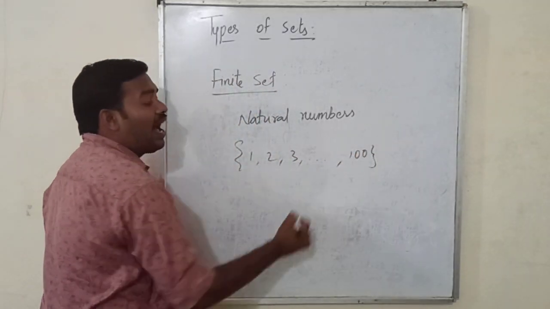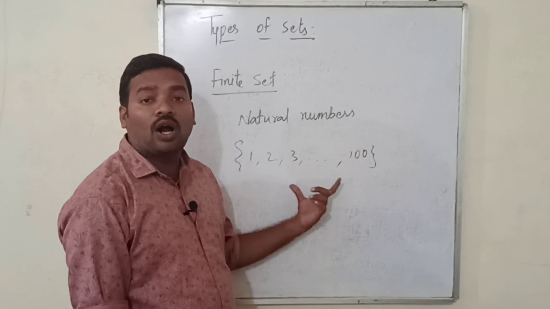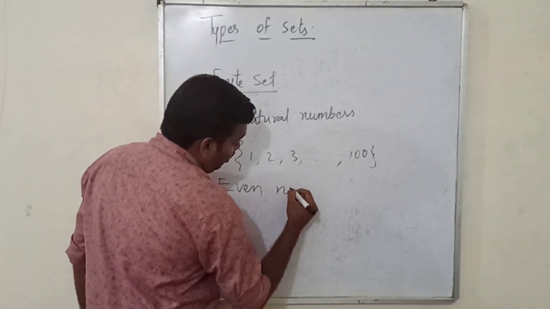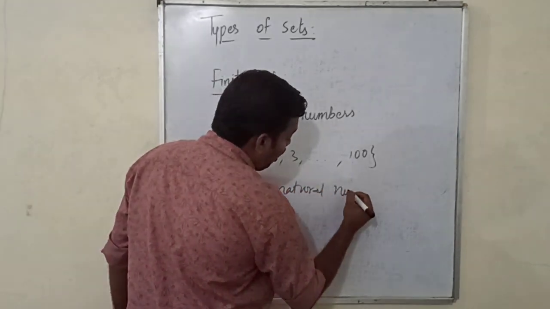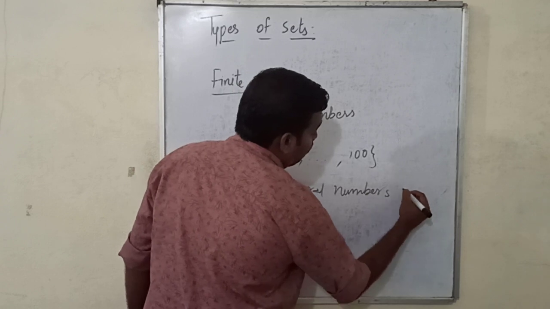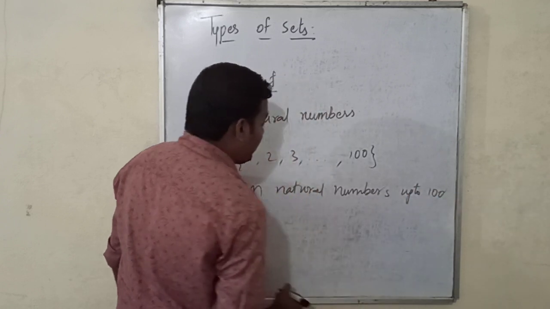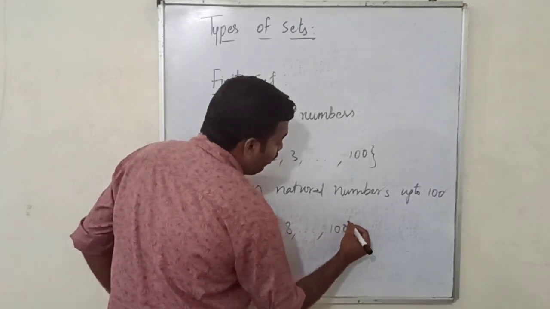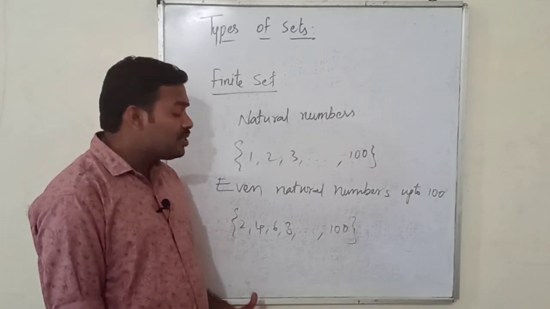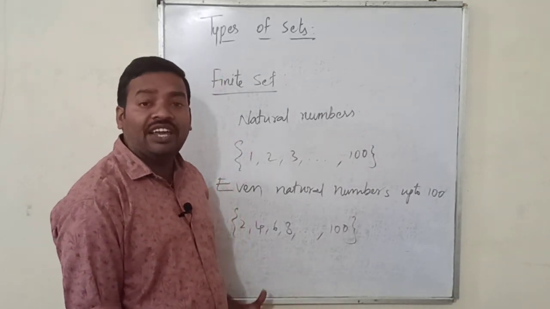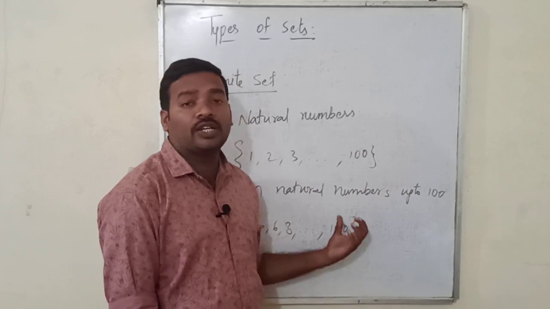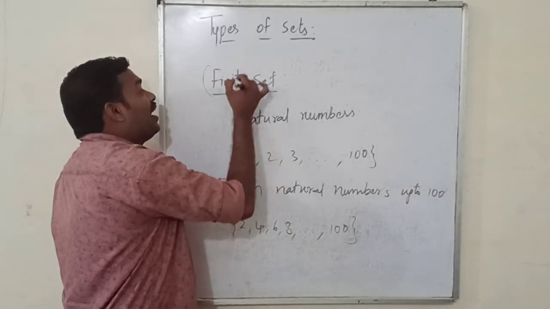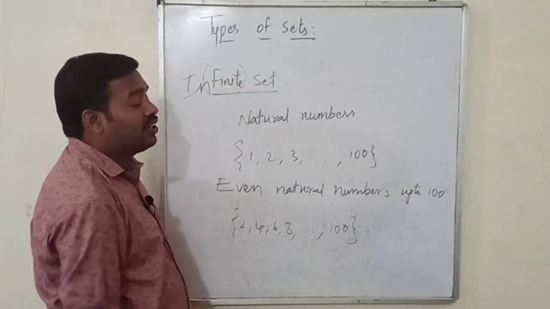In this set we have 100 elements. We can count that. Or else even natural numbers up to 100: that is 2, 4, 6, 8, and so on up to 100. There will be 50 elements in this set. That means we can count the number of elements. If we can count the number of elements in a particular set, then that type of set is known as finite set.